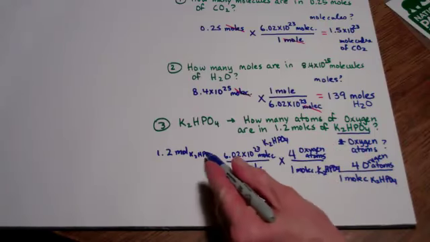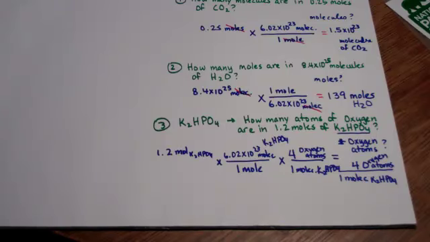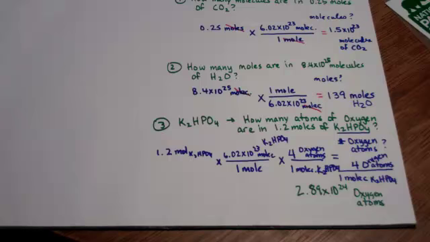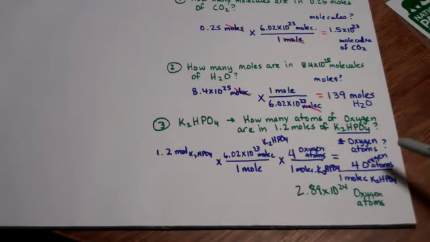So if we put this all in line, we can come out with our number of oxygen atoms. And if we do that calculation, we end up with 2.89 times 10 to the 24th oxygen atoms in 1.2 moles of potassium phosphate.